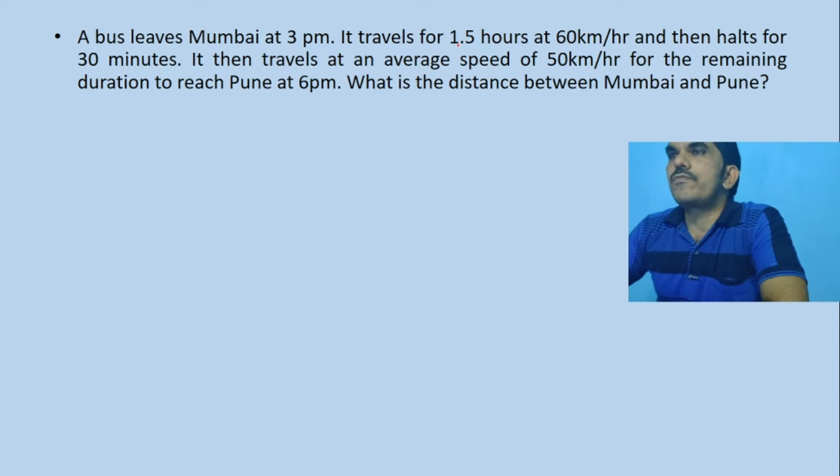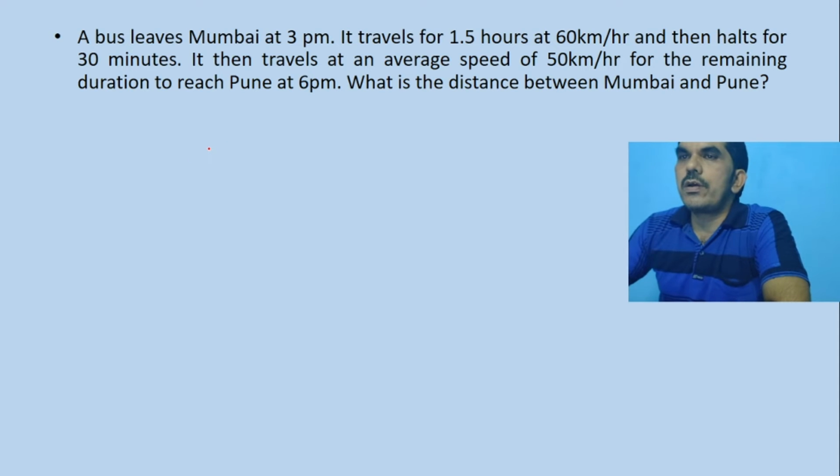It travels for 1.5 hours at 60 km per hour and then halts for 30 minutes. It then travels at an average speed of 50 km per hour for the remaining duration to reach Pune at 6 pm. What is the distance between Mumbai and Pune?